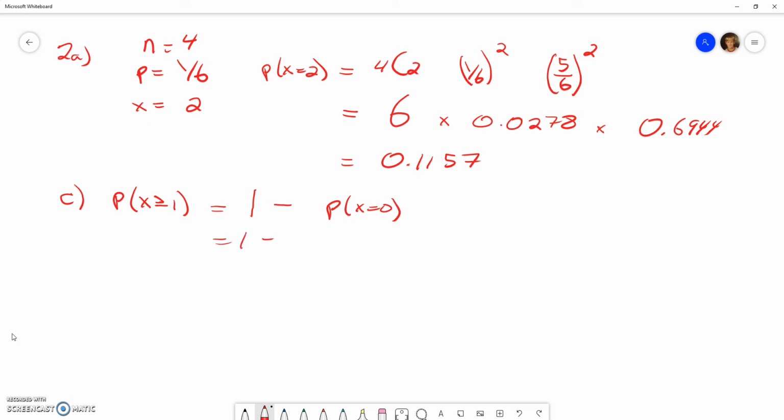So 1 minus the probability is going to be 4C0 times 1/6 to the power 0 times 5/6 to the power 4. So 1 minus 4C0 is 1, 1/6 to the power 0 is 1, 5/6 to the power 4 is 0.4823.